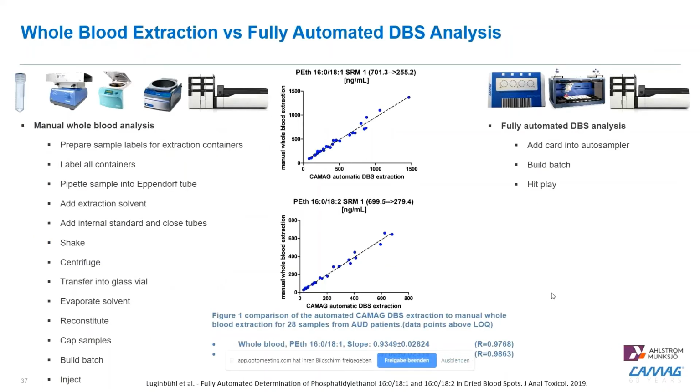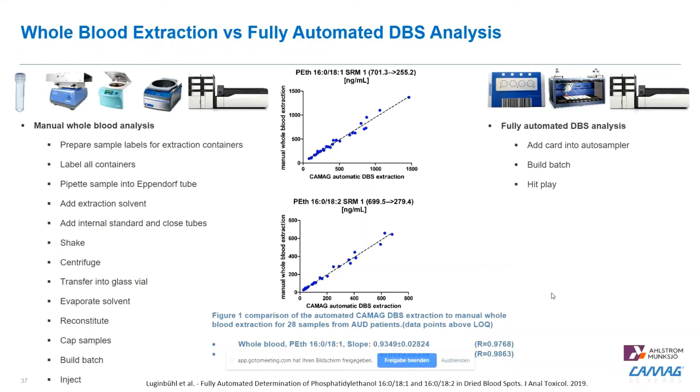What we afterwards did was investigate how good our method actually is by performing a comparison between whole blood extraction versus our fully automated DBS analysis approach. And as you can see in the middle, there's very high agreement between those two methods. However, if you use the fully automated DBS analysis approach, you have much fewer steps. You just have to add the card into the autosampler, build a batch, and hit play.